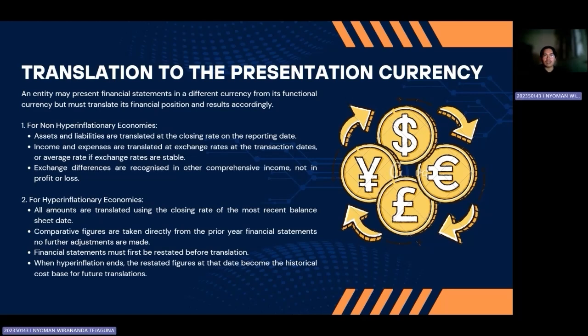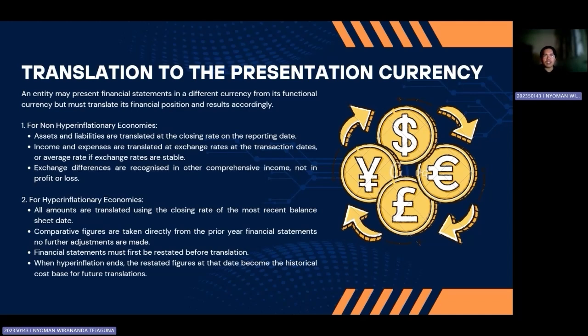Because translation exchange differences under IAS 21 reflect changes in exchange rates that do not arise from the entity's operating or financing activities, they are treated as unrealized gains or losses. Recording them directly in profit or loss would introduce volatility into earnings that does not stem from core business performance.